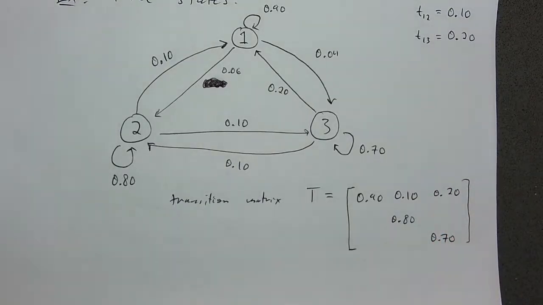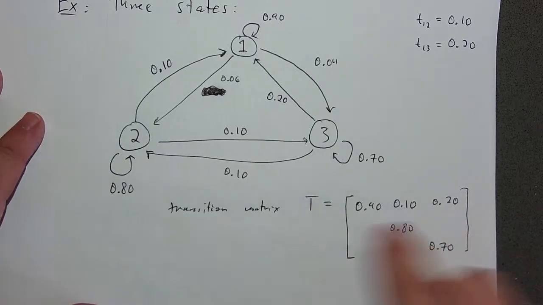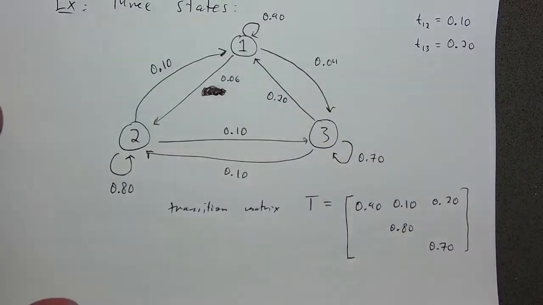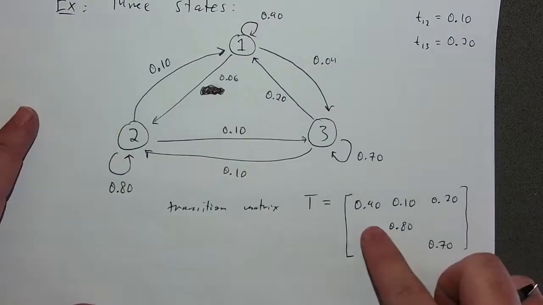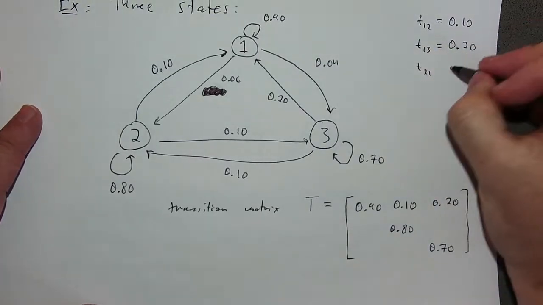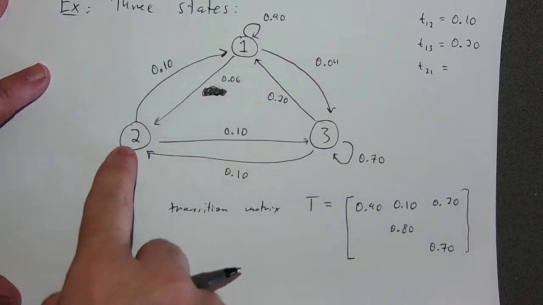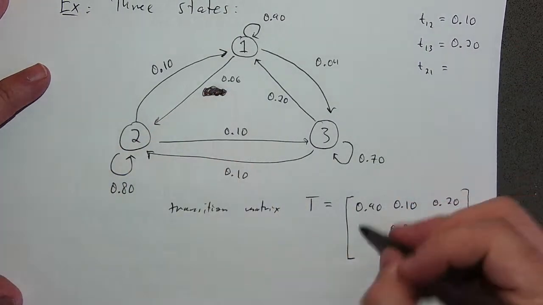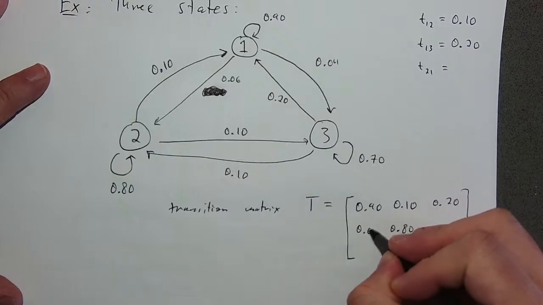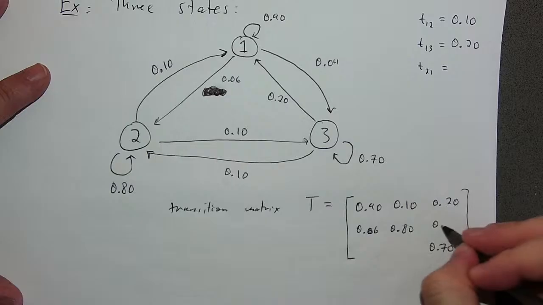In terms of the diagram, you may have noticed that I can do this row by row by looking at incoming arrows. So for instance, this is my T sub 2,1. Now I'm looking at moving to state 2 from state 1. So this would be 0.06. And the other one is 0.10.